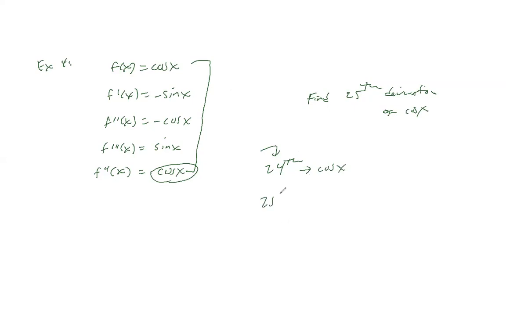If I'm correct about that, then the 25th, or next one, would just be the derivative of cosine, which is negative sine of x. Hopefully I'm correct about that. I'm doing this off the top of my head. I think I'm correct. But this is a little bit useful to recognize that it's a pattern which could be helpful, perhaps in one of the homework assignments that's coming up.